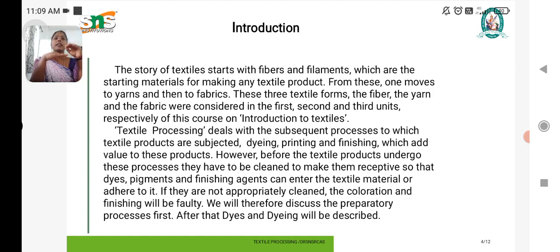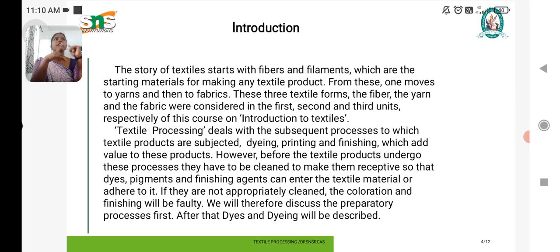Textile processing deals with the subsequent processes to which textile products are subjected: dyeing, printing, and finishing, which add value to these products. However, before the textile products undergo these processes, they have to be cleaned to make them receptive so that dyes, pigments, and finishing agents can enter the textile materials or adhere to them.